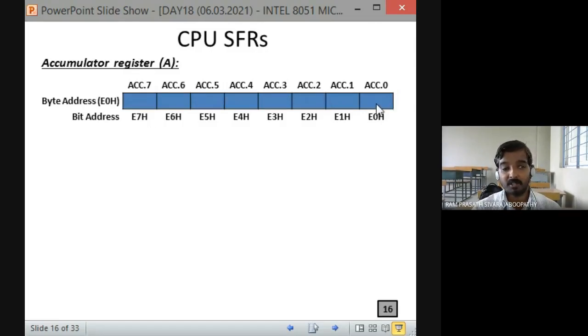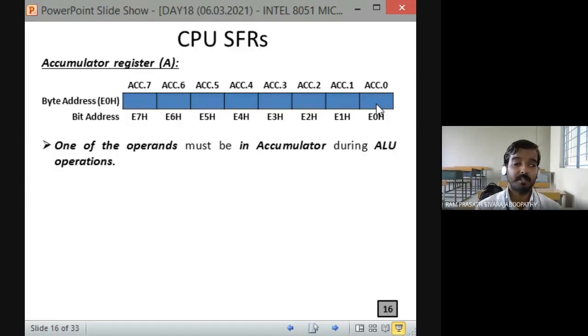Any bit of the accumulator can be set or reset. That's why it is termed a bit addressable SFR, meaning each and every bit of the accumulator can be addressed individually.